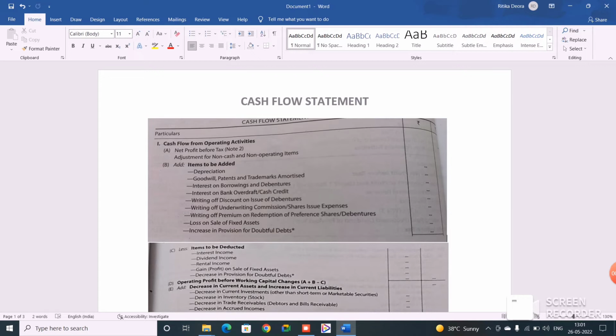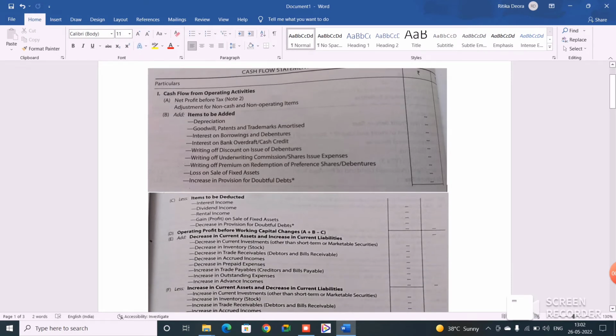Similarly, all the finance expenses, discount on issue of debentures, underwriting commission, premium on redemption of debentures, and all these finance items, finance cost, are added back. Then the next thing which is added back is loss on sale of fixed asset.